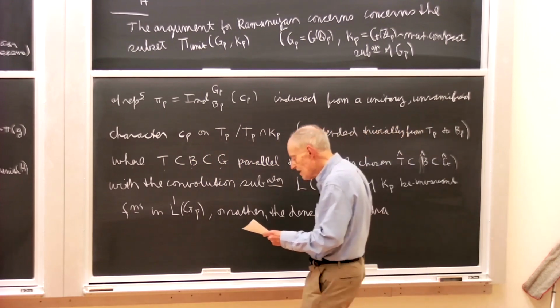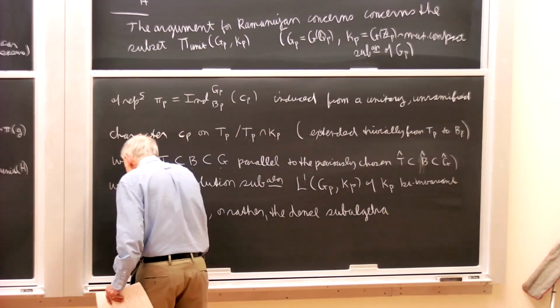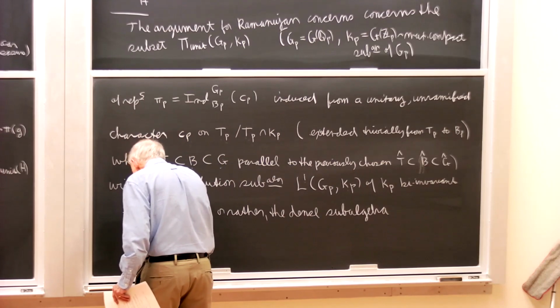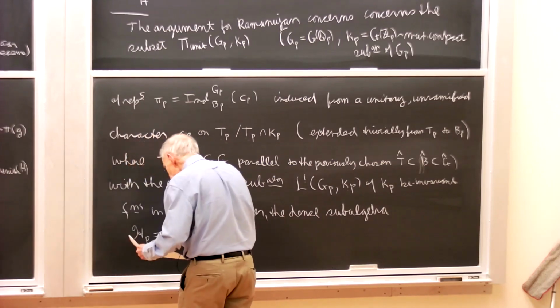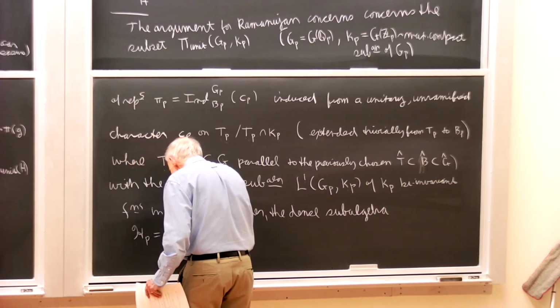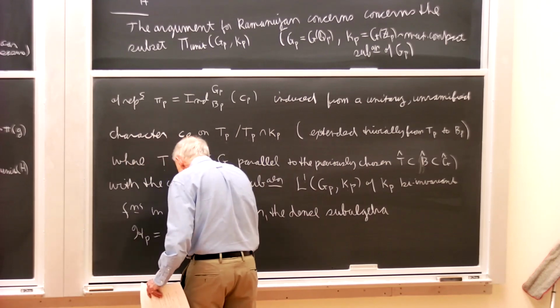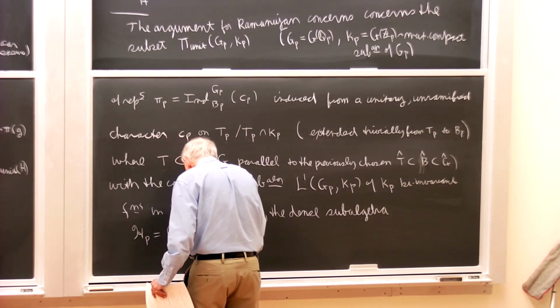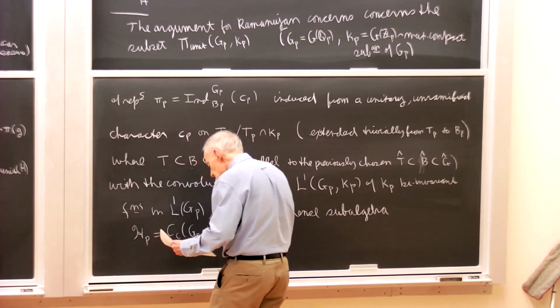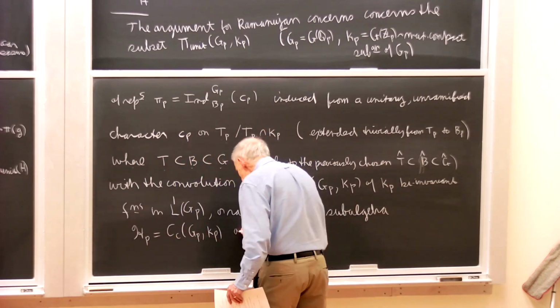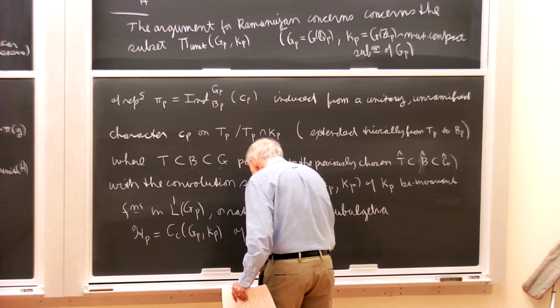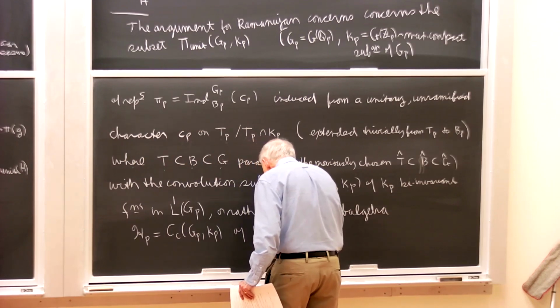This is what's called the Hecke algebra, H_p, the continuous compactly supported functions in L1(G_p, K_p).